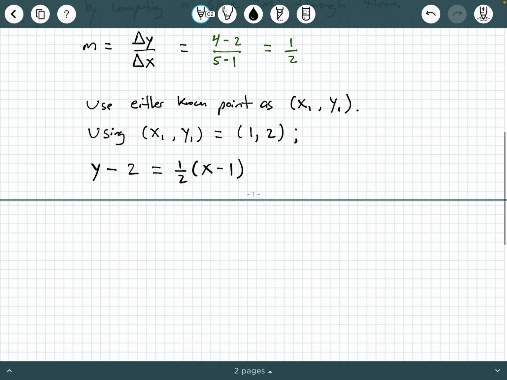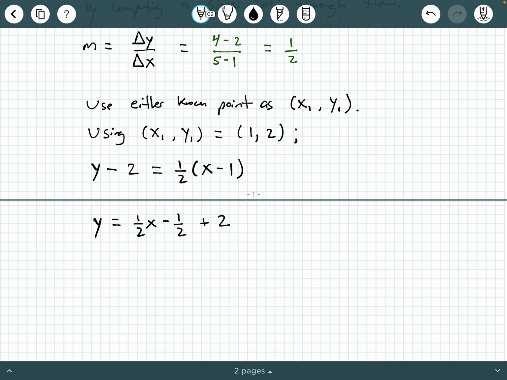Now we can do a little bit of rearranging and establish this as a linear equation. If you want, you can rearrange this and see that y equals 1/2 x minus 1/2 plus 2.